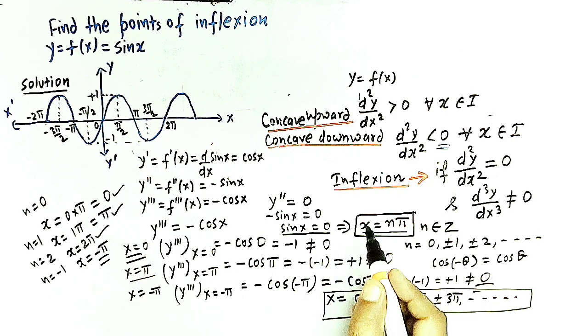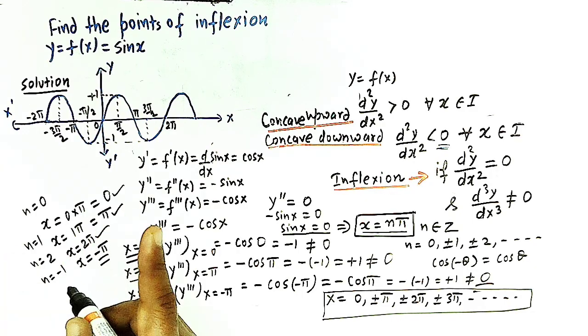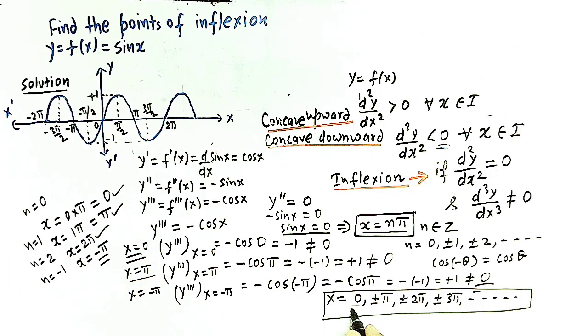Then only we can say that the particular point is a point of inflection. So let us now see the change in concavity at this point, x is equal to 0.